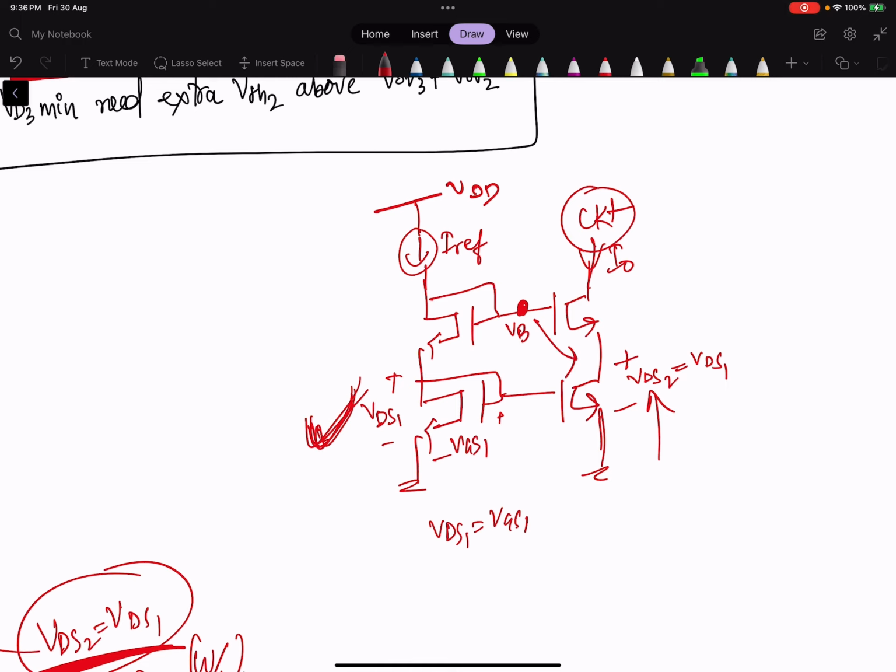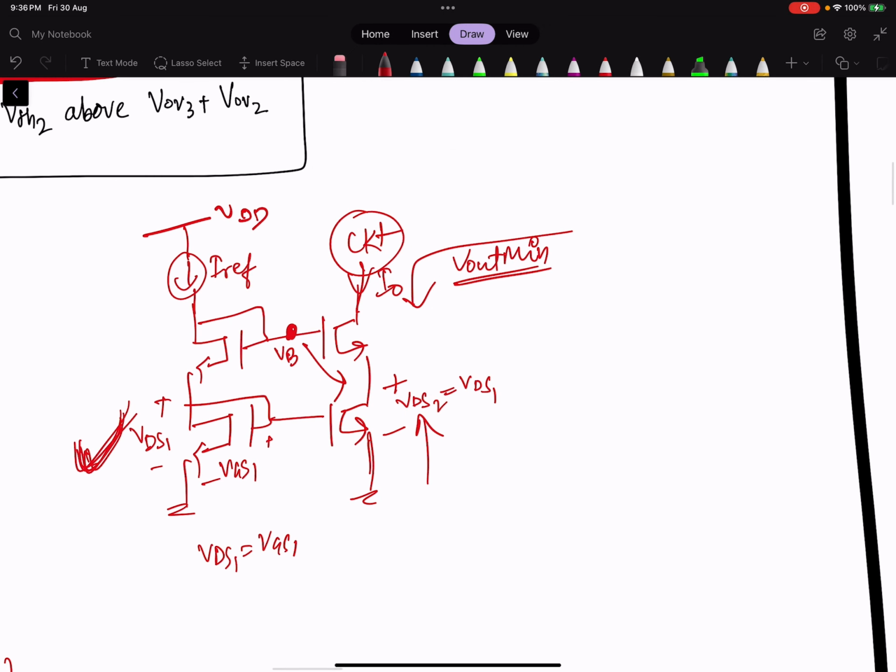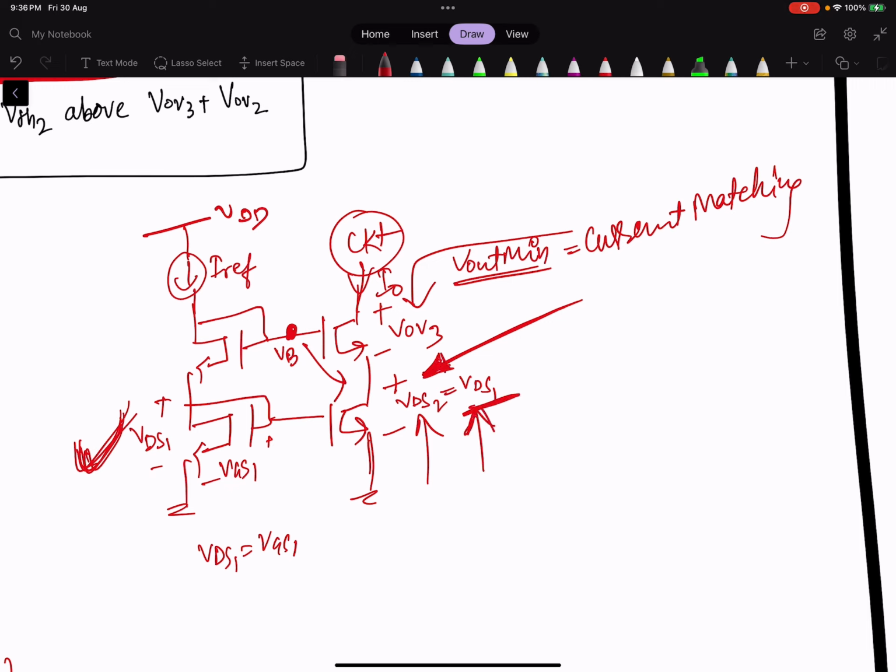So what is the minimum voltage required here for proper current matching? What is the voltage here? VOV3. And what is the voltage here? It's not the overdrive voltage, it is the same as VDS1. So V out minimum, if we see it closely, is VOV3 plus VDS1, that is VOV3 plus VGS1.